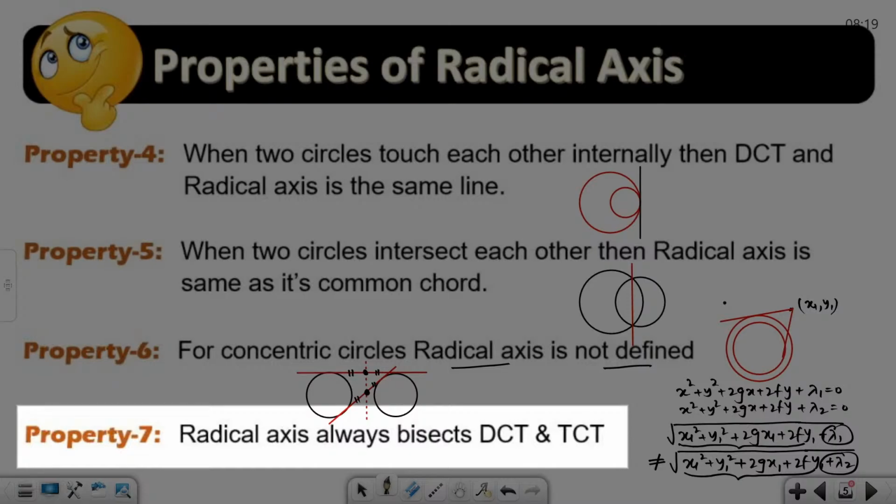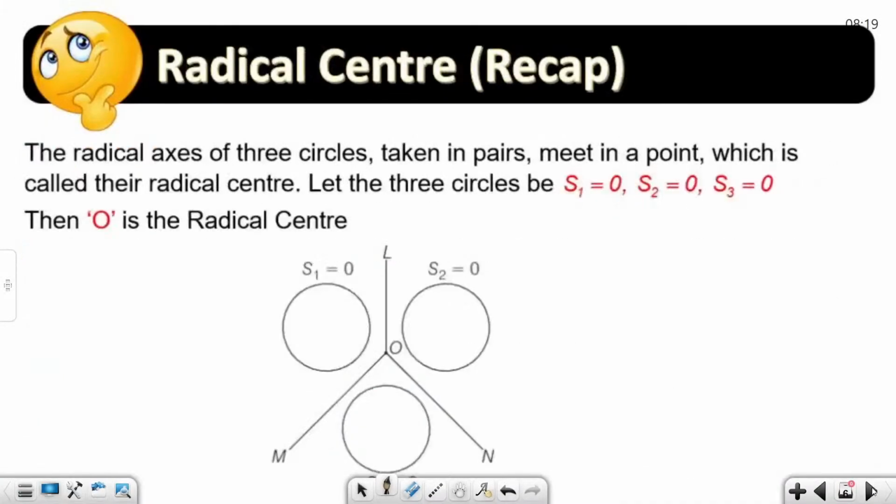Okay, so now let us move to the radical center. What do you mean by radical center? If we take three circles and pairwise find their radical axes, they are going to meet at only one point.